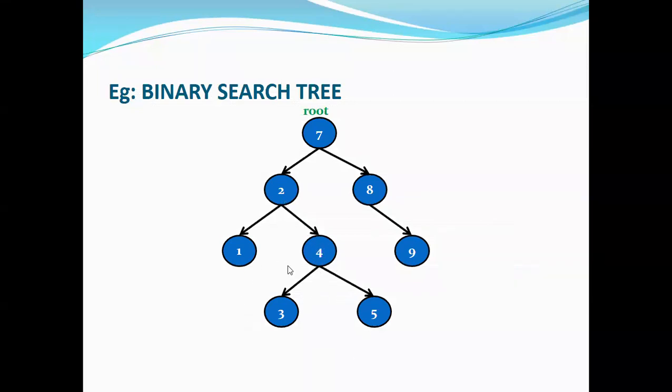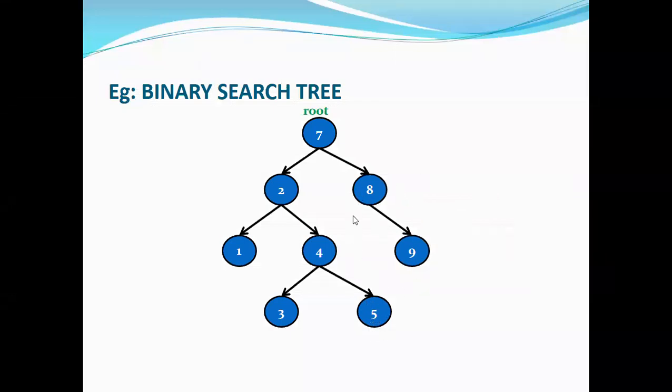When you look at this subtree, that is 4, 3, and 5, 4 is the root, 3 is the left child, and 5 is the right child. So 3 is less than 4, so its left child is less than the root, and its right child is 5. 5 is greater than 4.